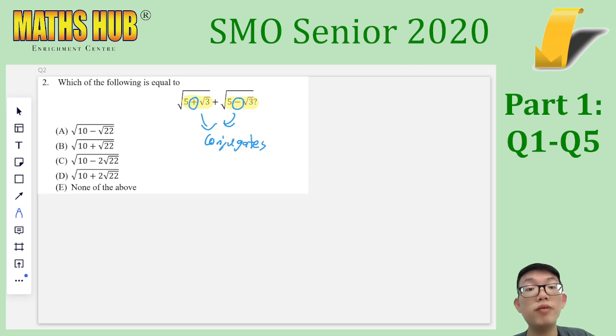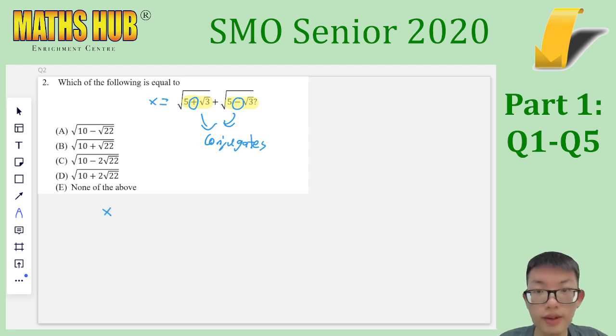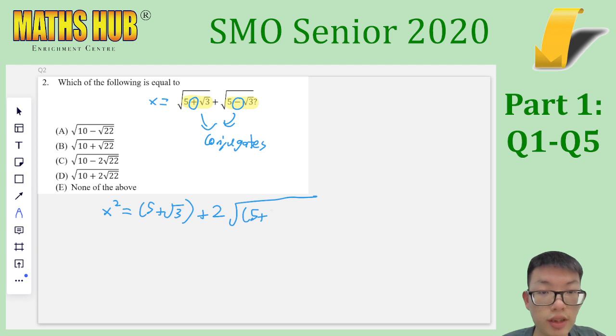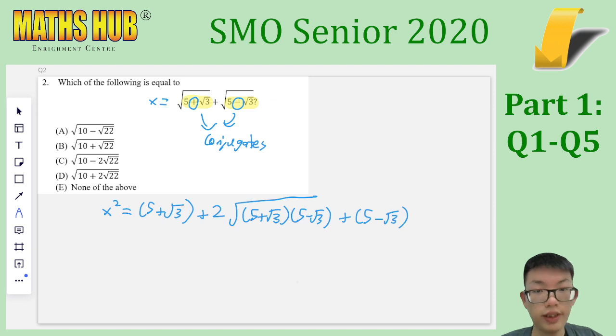Whenever we have an expression about conjugates, we don't really mind combining them in ways that are normally unpleasant. So namely, in this example, let's call this expression x. I'm going to just square the entire thing. Now x squared would be 5 plus square root 3 plus 2 times the product of the square roots, and then plus 5 minus square root 3.